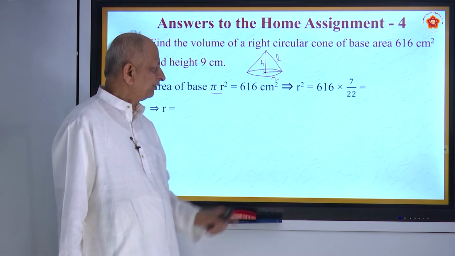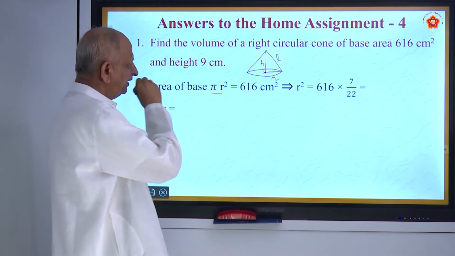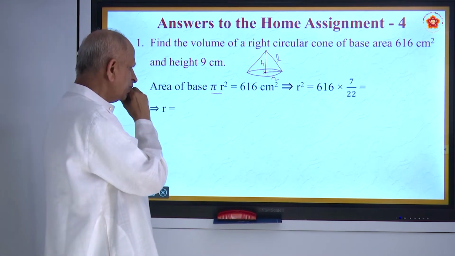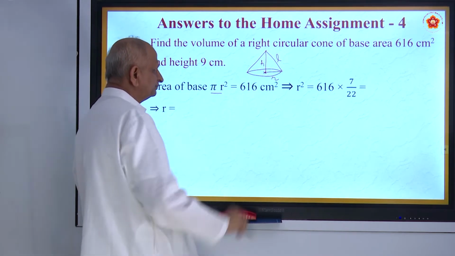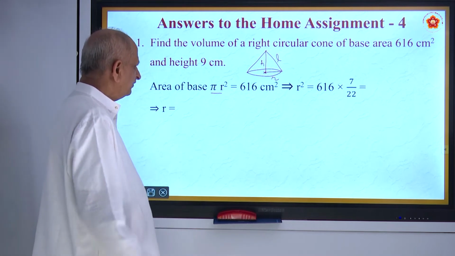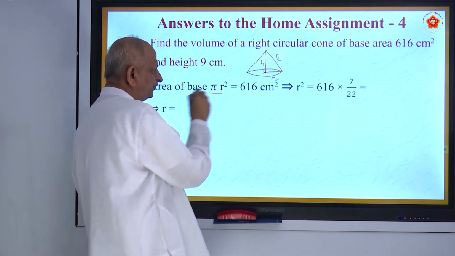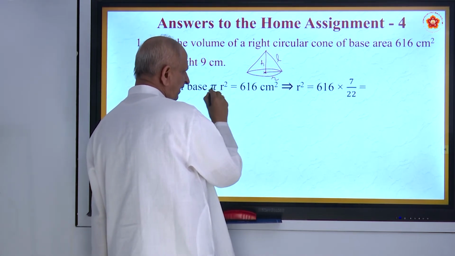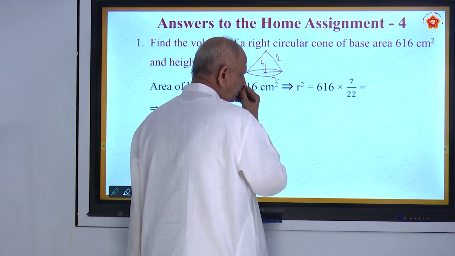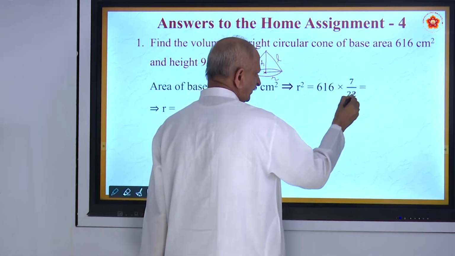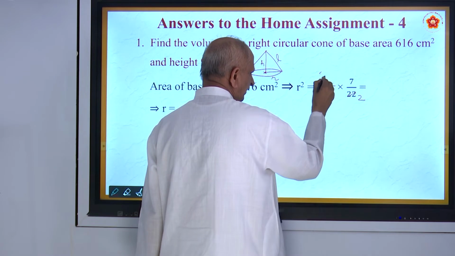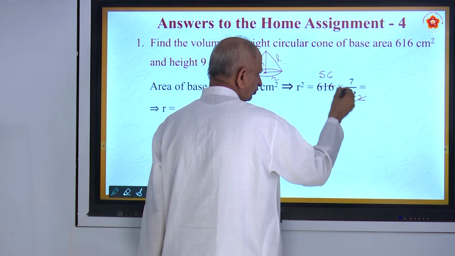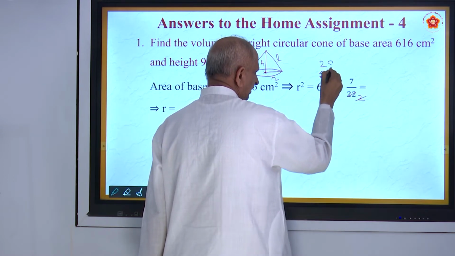We want r square now because they asked to find the volume. For finding volume, we want r. So the area of the base is given to be 616. So r square is equal to 616 by pi. When you divide by pi, this will be 11 2s are 22, 11 5s are 55, 11 6s are 66, 2 1s are 2, 28s are.